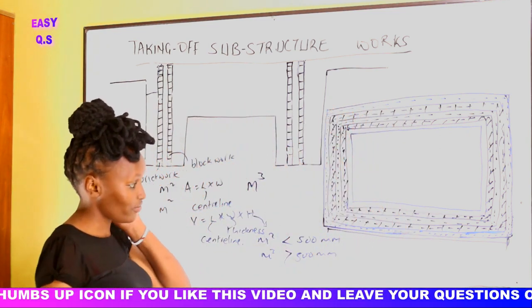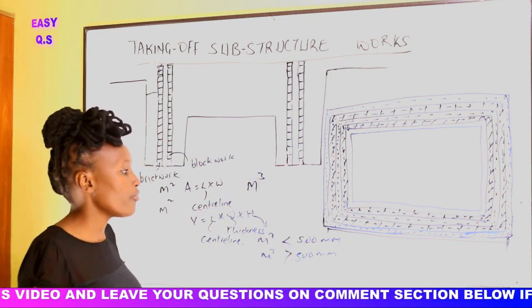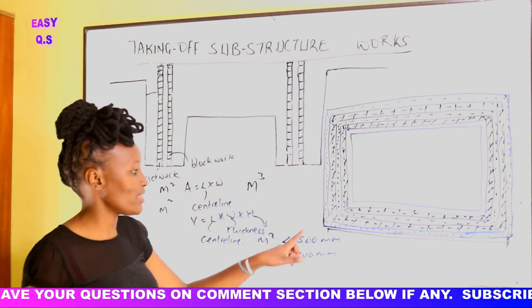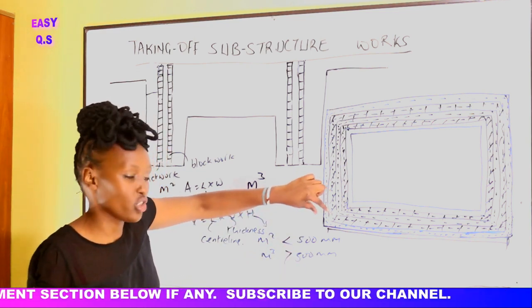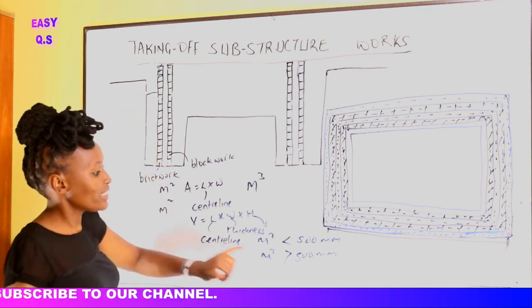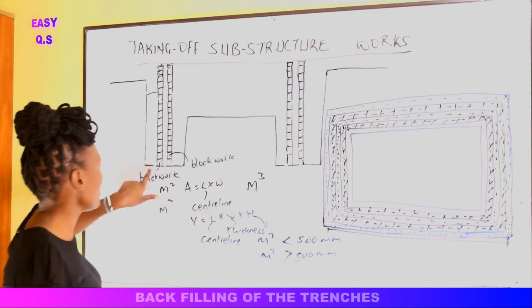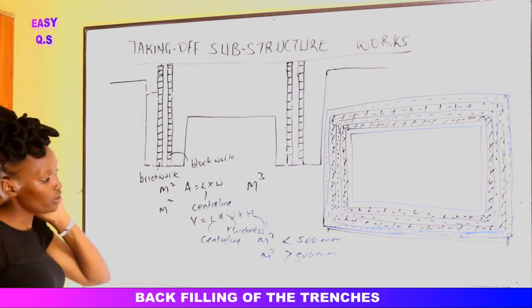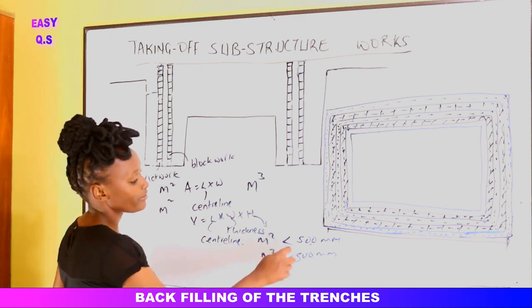Once we find the center line, in case it's more than 500, we shall multiply by the thickness of that foundation spread, then we multiply by the height. If it is less than 500, we shall take the center line, then we multiply by the height, because we are told to measure it in meters squared if the spread is less than 500.